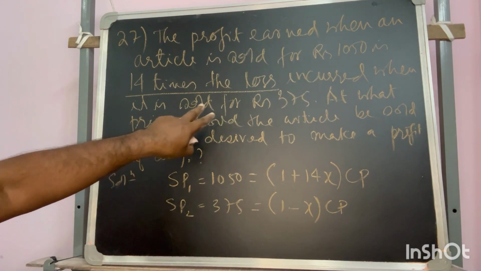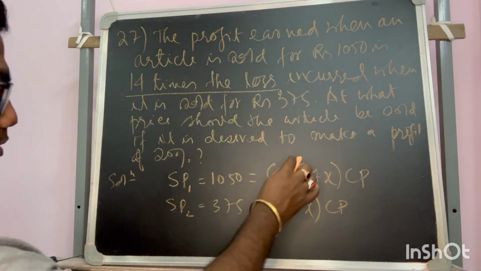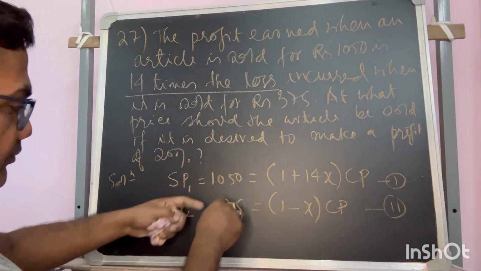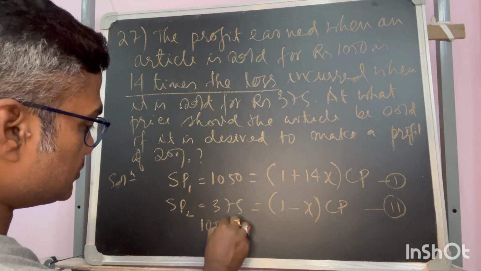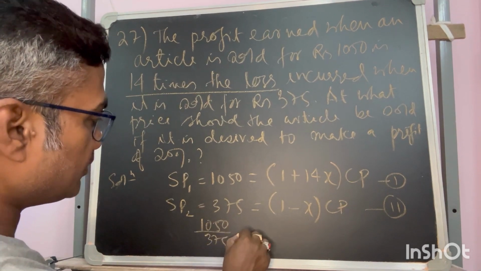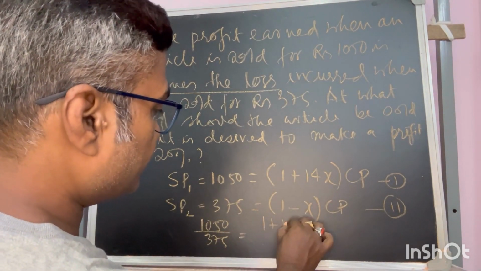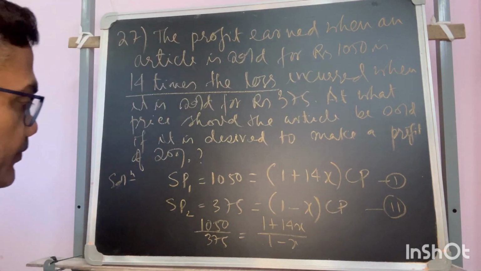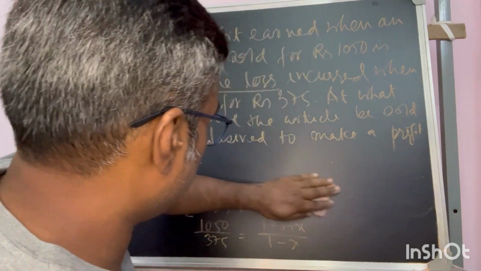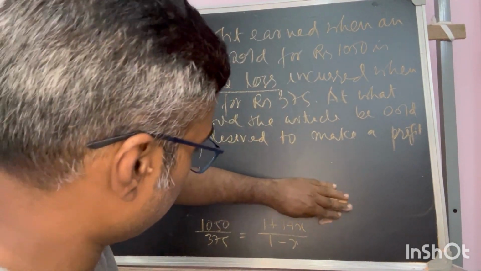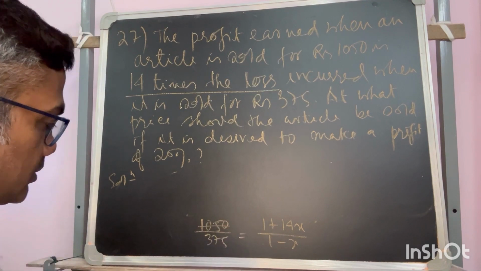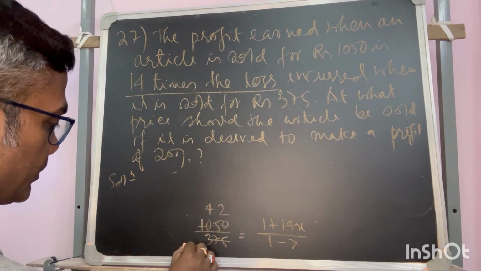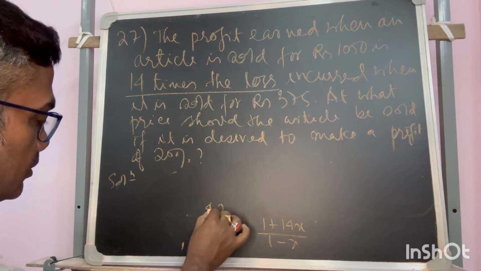Now with that equation we can go ahead by dividing these two. 1050 divided by 375 will give you (1 plus 14x) over (1 minus x), and CP will be cancelled out. So now we'll work on this. If I reduce it by 25, it is 42 over 15.